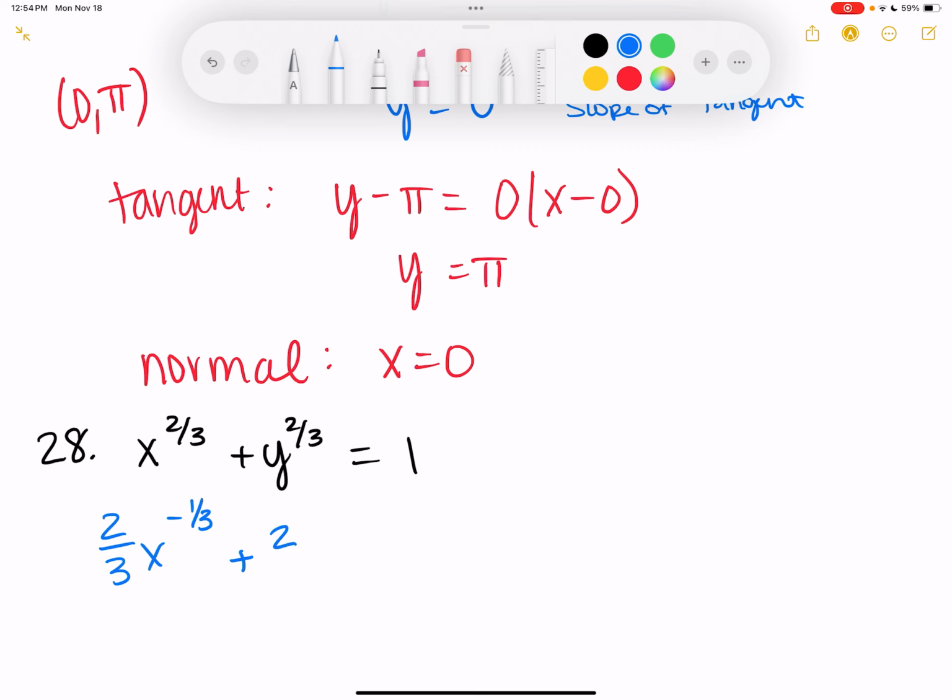So it's 2/3 y to the negative 1/3 times y prime equals 0. Where did the 0 come from? You take the derivative of 1. Oh, yeah. Sorry, that was a little aggressive. My apologies.